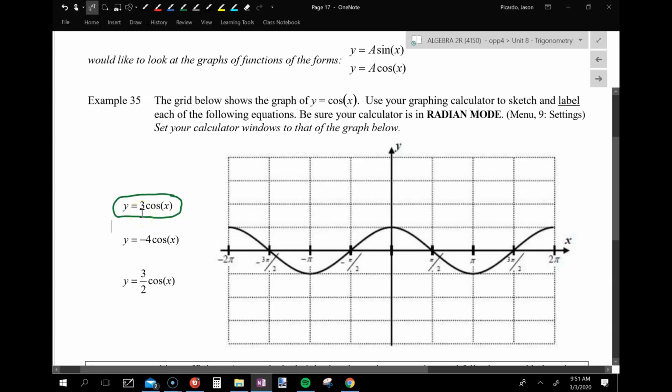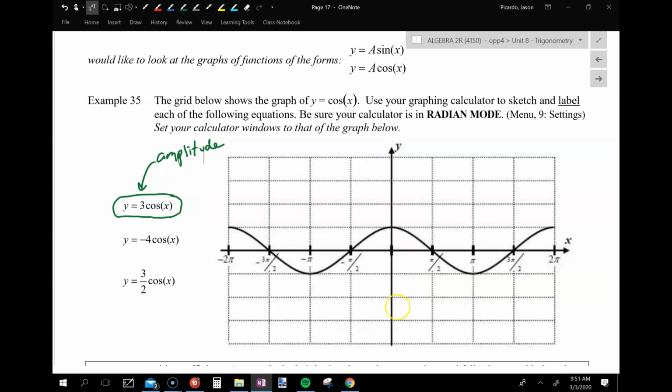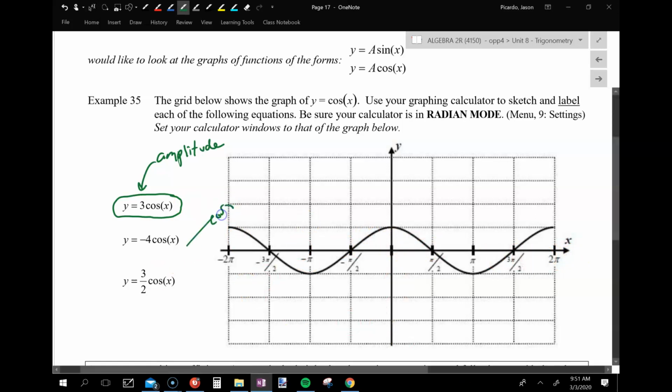They want to make the signal 3 times larger. So first of all, this 3 is the amplitude, okay? Now, which curve is this based on our conversation from the last page? Is this a cosine curve or is this a sine curve? This is a cosine curve.